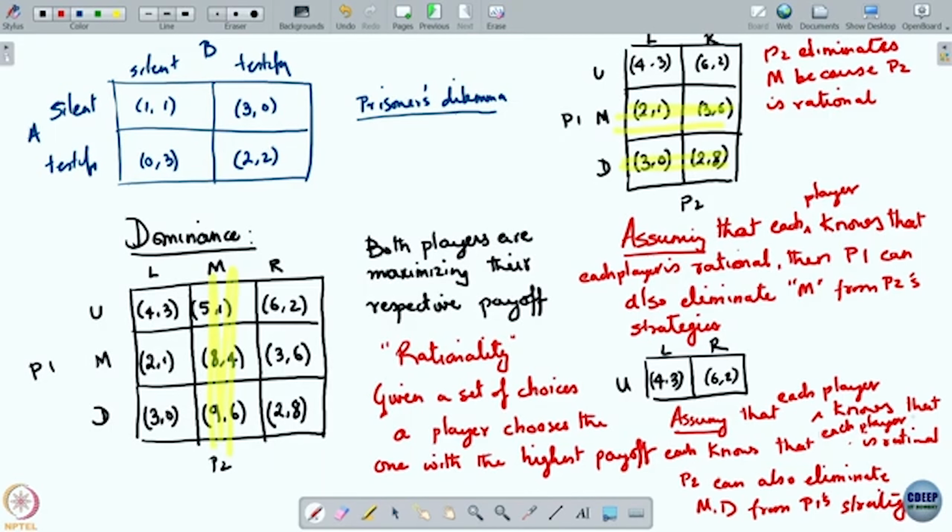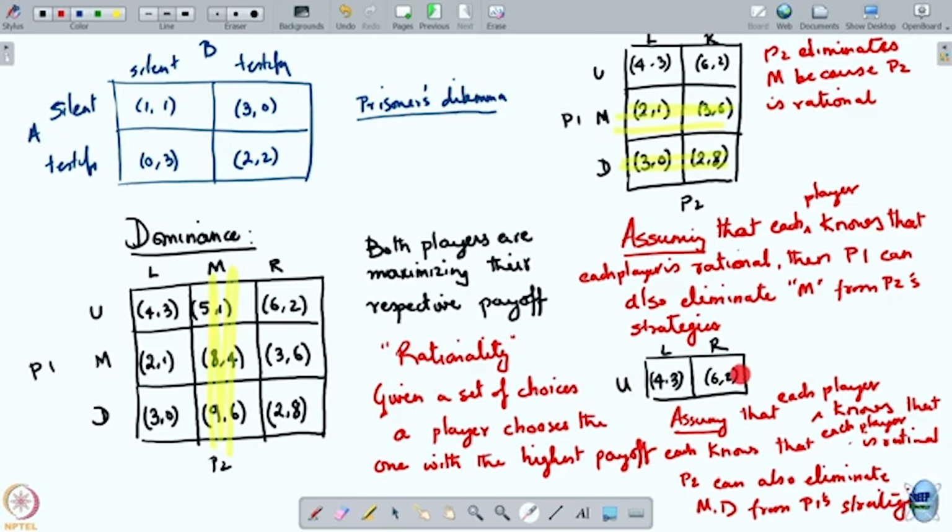So, as an observer of the game, if I know all of this about the players, I can now safely conclude that both players are looking at this reduced matrix here. Now, there is just one strategy for player 1, so there is nothing left for him to choose.